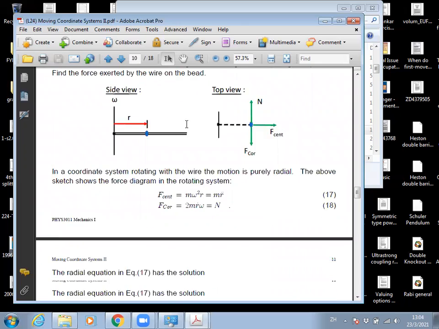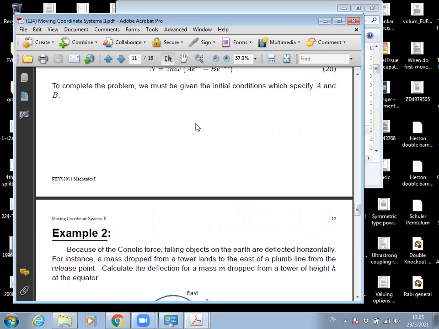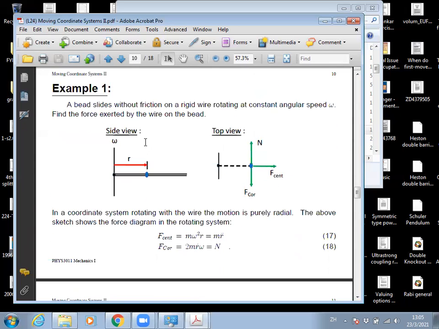Okay, let us look at this example. We have a bead that slides without friction along this wire, which is rotating about this axis at constant speed omega, rotating with a constant angular velocity.